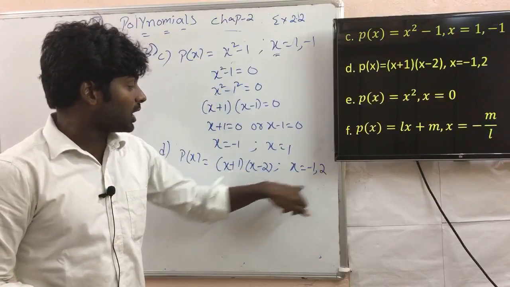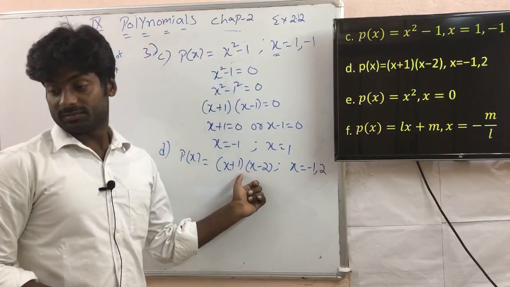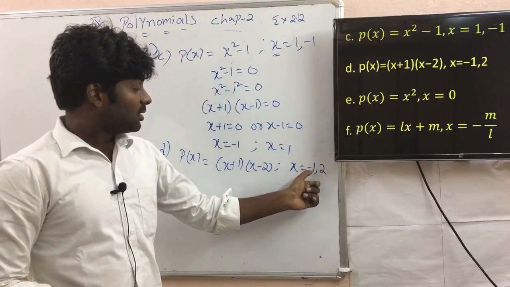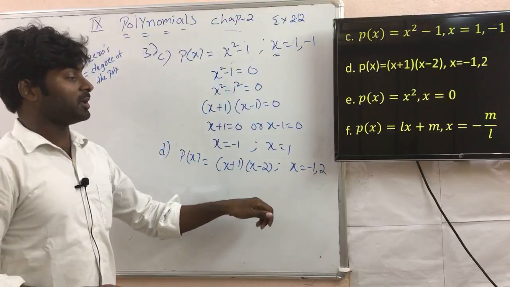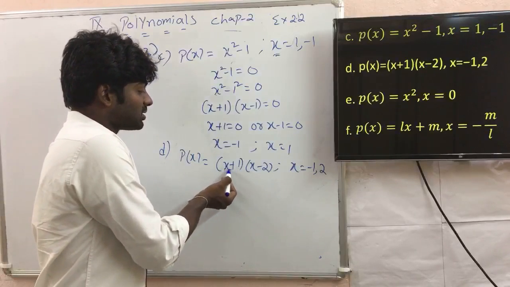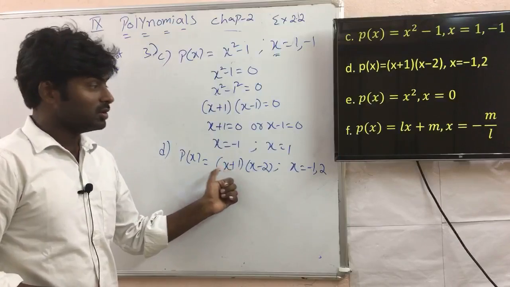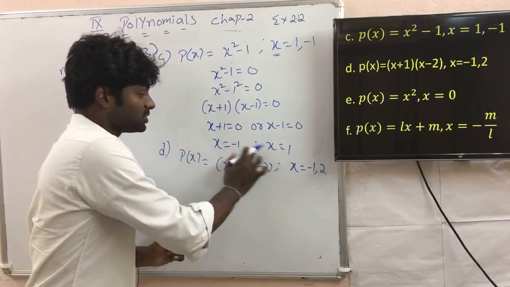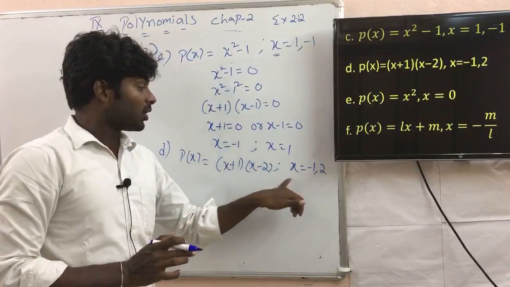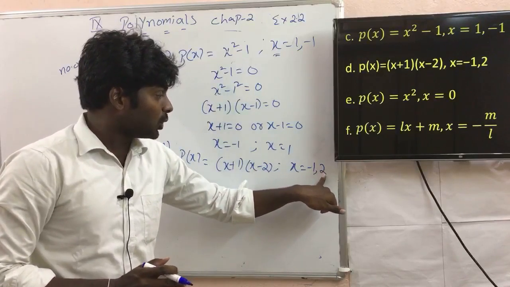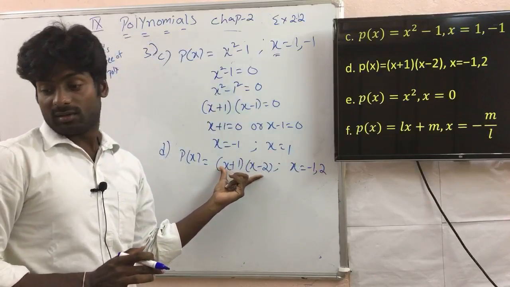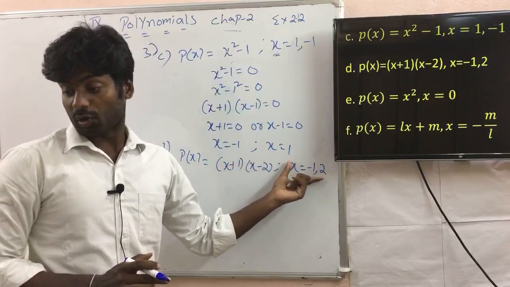Minus 1 and 2 are zeros of the given polynomial or not. I already told what is a 0. 0 means here the polynomial is in terms of x. Whenever you replace the value of x with any numerical value, the entire polynomial should become 0. That is the 0 of the polynomial. Now he has given minus 1 and 2 as zeros of the polynomial. Check whether they are zeros of the polynomial or not.